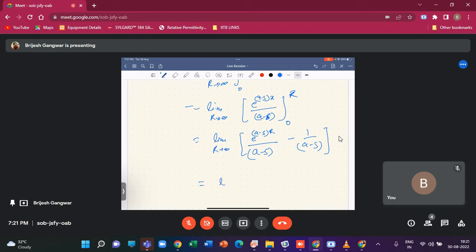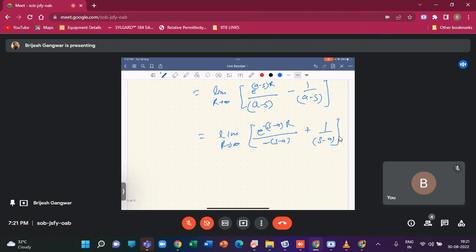You can write this as e to the power minus (s minus a) into r upon minus (s minus a), plus 1 upon (s minus a). Now if you put r equal to infinity in this one, this term will go to 0 and only this term will be left. So we can say 1 upon (s minus a) with the condition s greater than a.